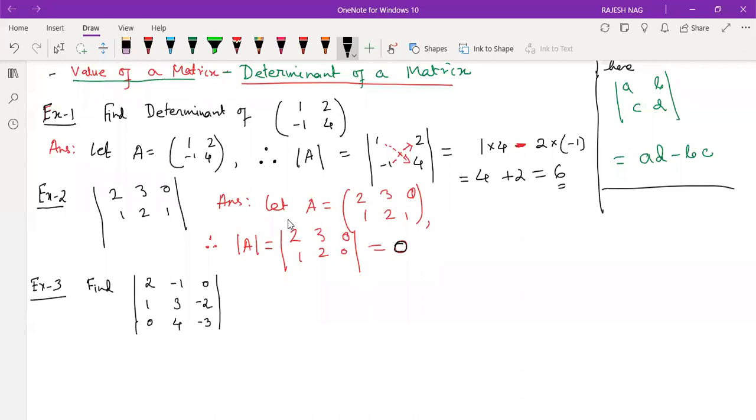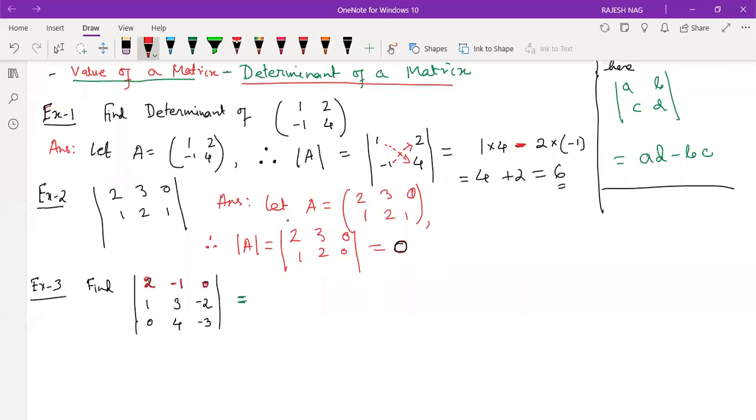So to find this, what is the result? Let us start, I am writing directly. The rule is, you go either row wise or column wise. You start like this. I colored this row red for ease of understanding, for calculation purposes: 2, -1, 0.